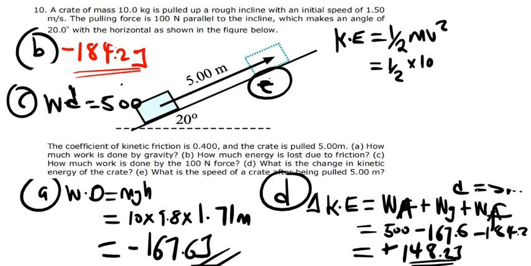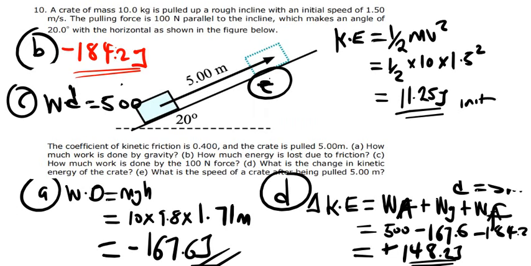The mass is 10 multiplied by the initial velocity. We were told that initially it had the initial speed of 1.5. So I'm going to say 1.5 squared, and I solve everything. Half of 10 is 5 multiplied by 1.5 squared. I'm finding 11.25 joules. That is the initial.